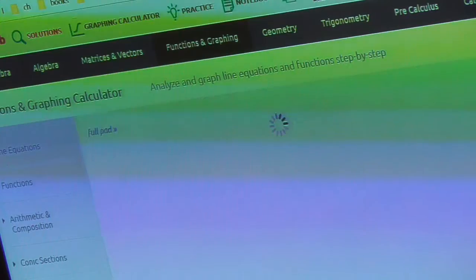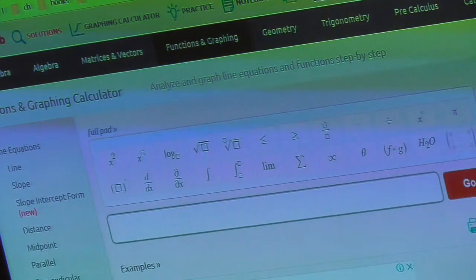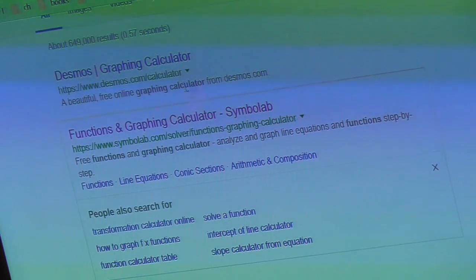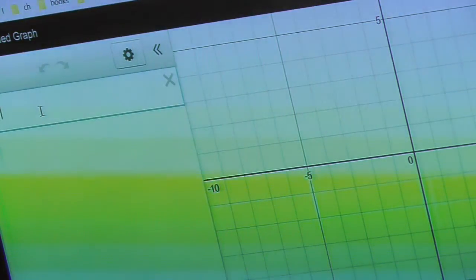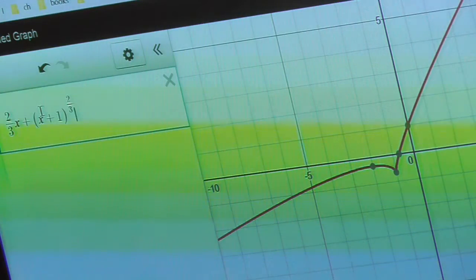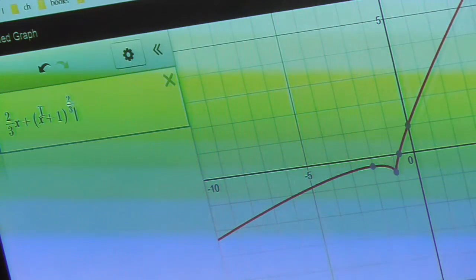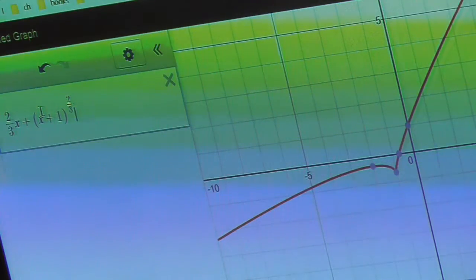Oh, very good. Right again. Graphic calculator. Oh, here it is. Okay, can you see it? Not too well.